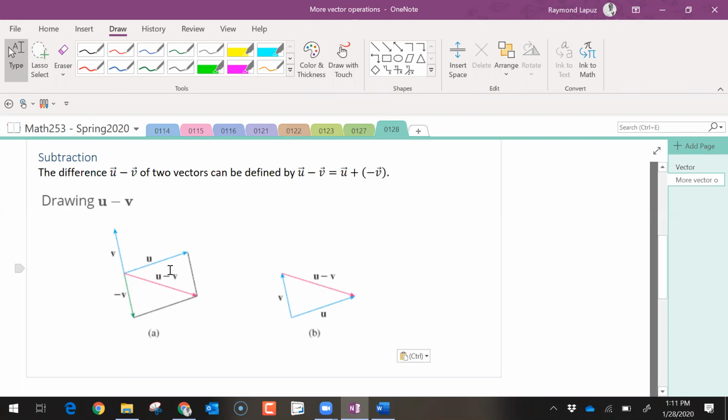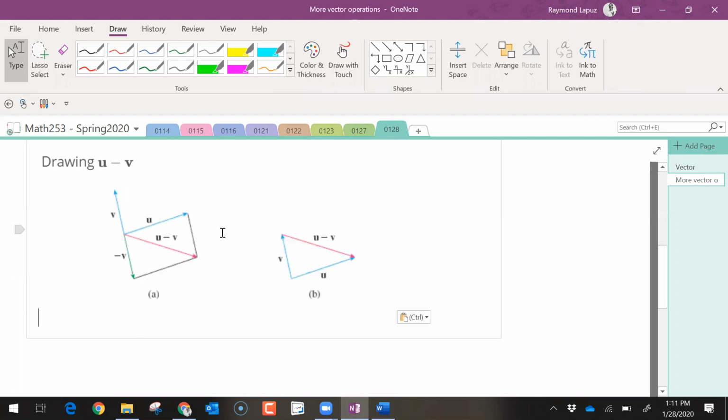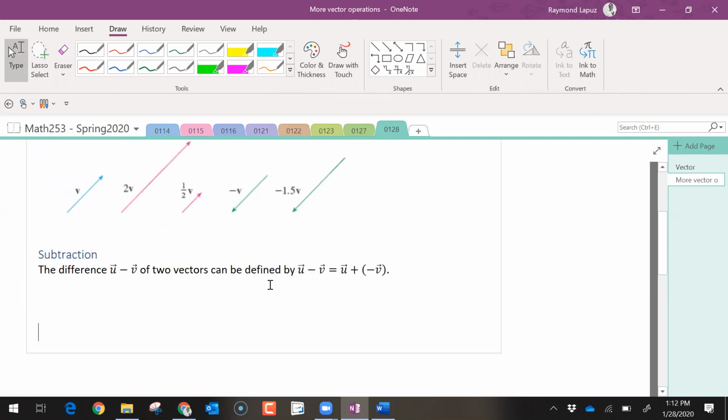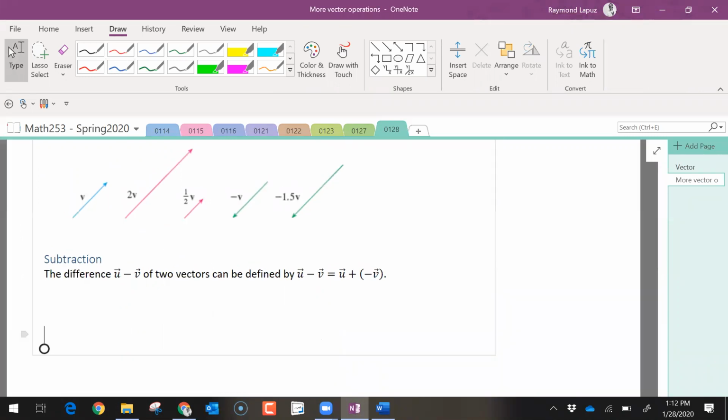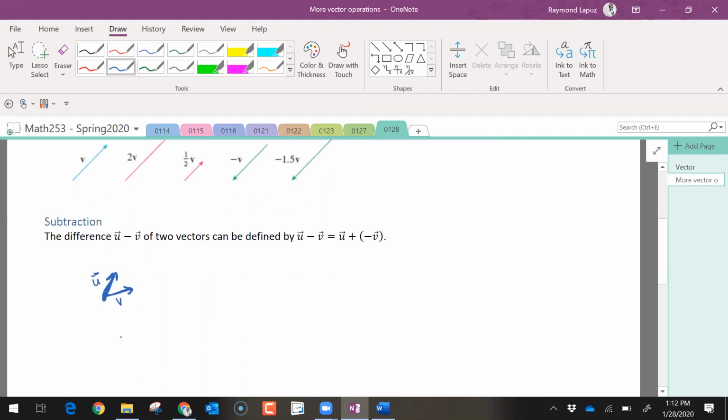So one way to draw this, maybe I should do it instead of having this drawing. If I draw it, you can kind of see it happen. So let's say this is U and this is V. What we're going to do is take V and multiply V by -1.